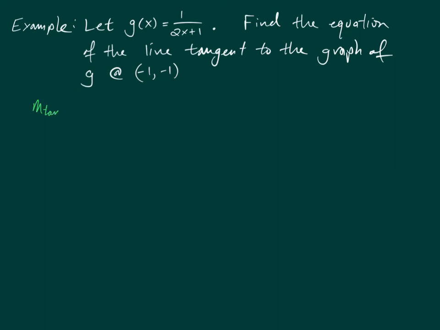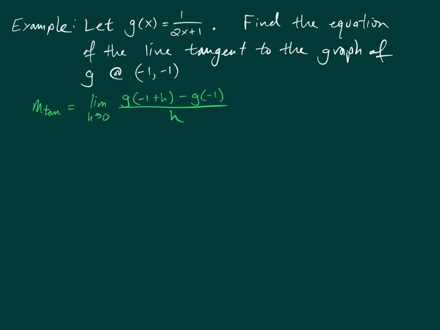So the slope of the tangent line equals the limit as h approaches 0 of g of the specific x value we are trying to find the tangent line for, so -1. So g of -1 plus h minus g of -1 all over h.